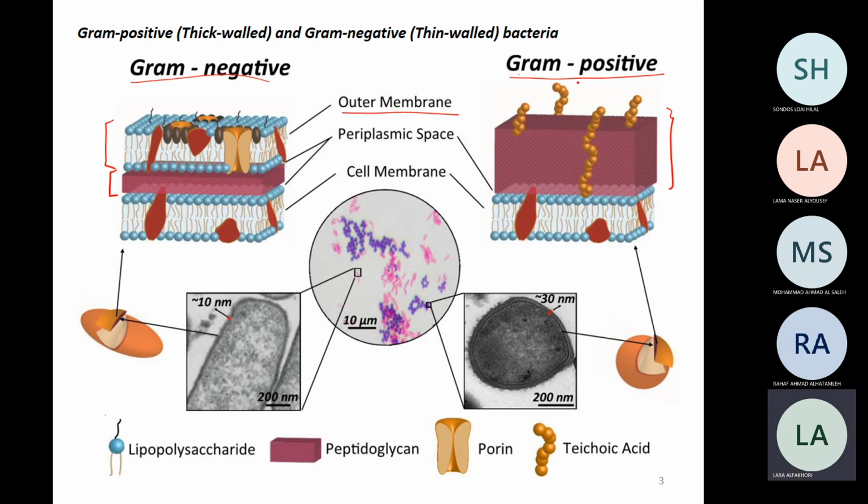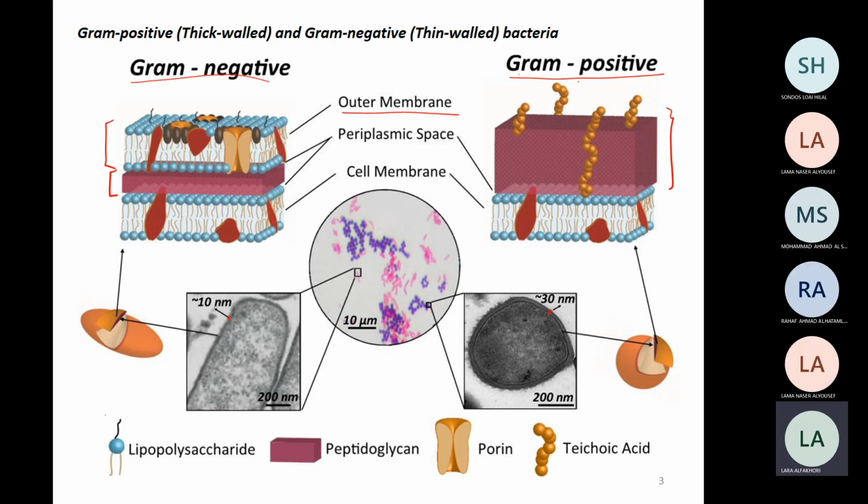The cell wall of a gram-positive bacteria is, let's say, exposed to the outer environment. بحالة the gram-negative bacteria, the cell wall is present in what is called a periplasmic space, which is in between the outer membrane and the inner cell membrane.